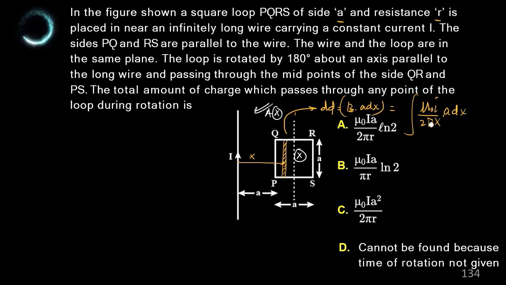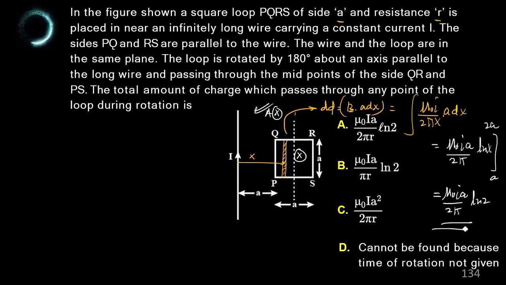So corresponding to that, B dot A dx, ultimately the answer will be μ0 I A by 2π ln x. What is the limit of x? x is from A to 2A. That means ln 2. So μ0 I A by 2π into ln 2 is the initial flux.